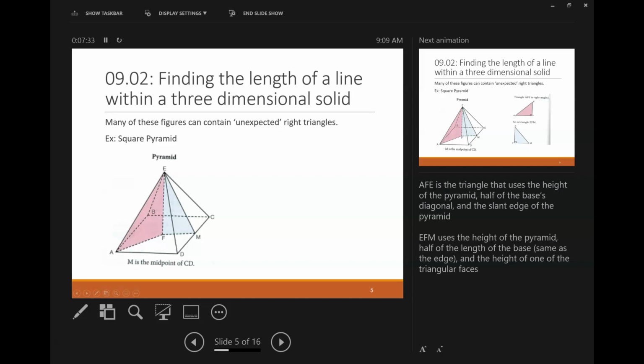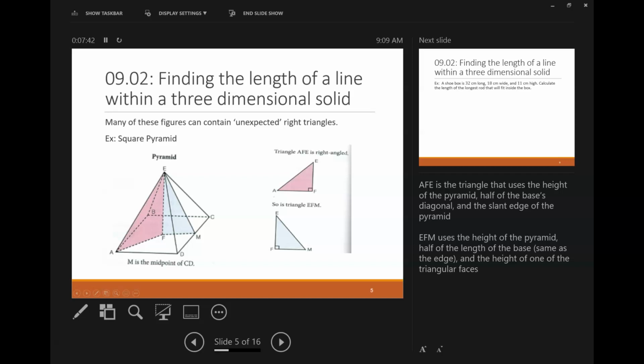Or also at a right angle, if I go down from the base and go to one of the corners of the base, that'll also give me a right triangle. So both of those are examples of triangles on the interior. These are the ones that are typically a little bit harder to see right away. But having gone through this, at least you know to look for those, right?